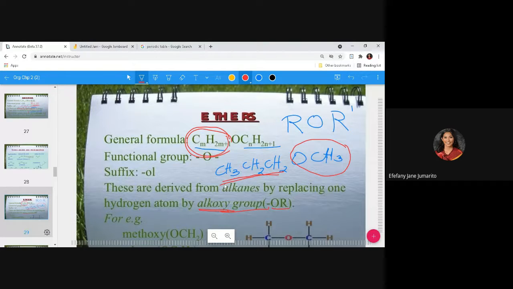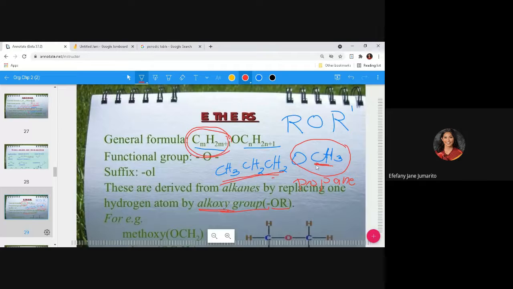Now first thing you name this one is our parent chain. So parent chain, we have 1, 2, 3. We have prop. Now, the type of chain: ane. Propane. Okay. Now this one is your alkoxy group. How would we name that one? Simply, you count the carbon atom and then you add the -oxy. Example, what alkyl group is this one?